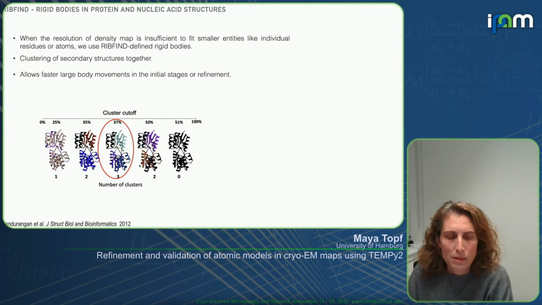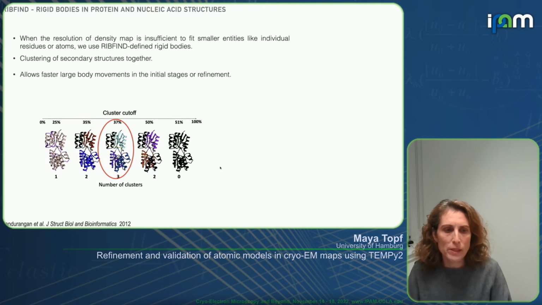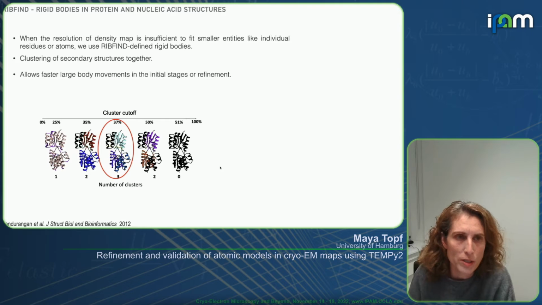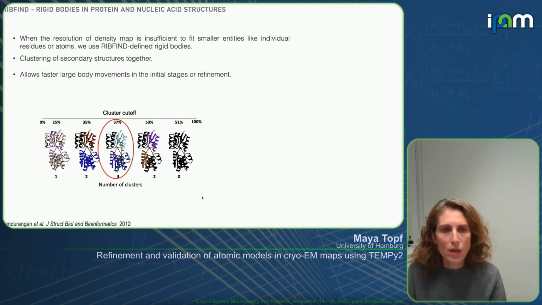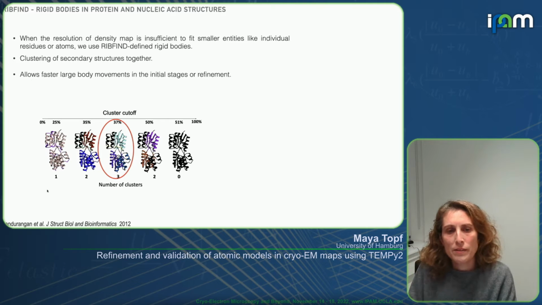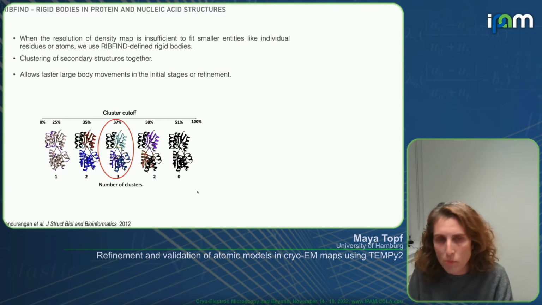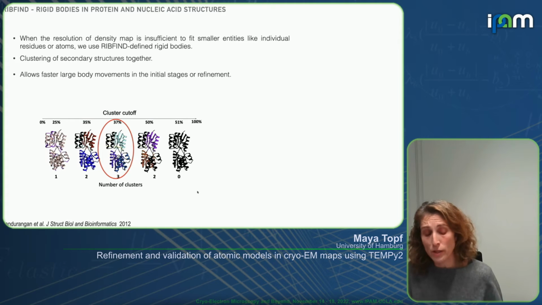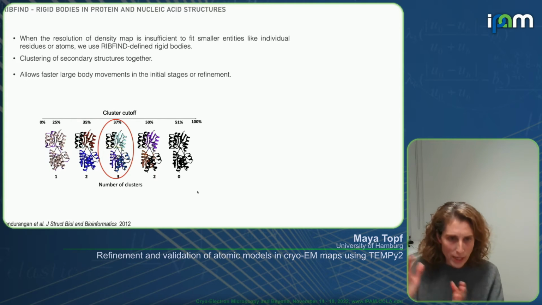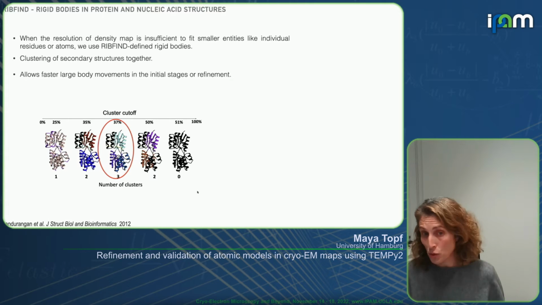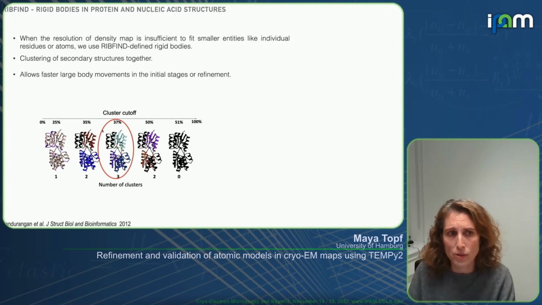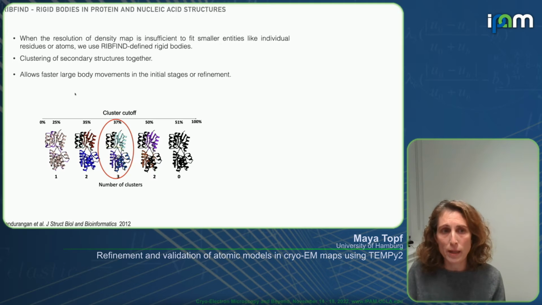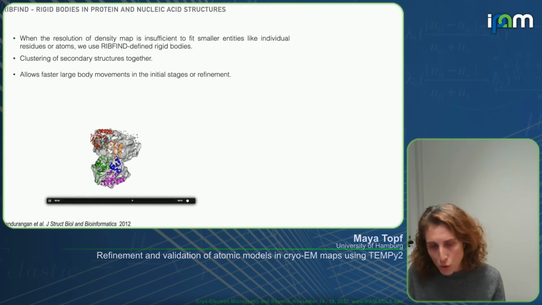Now, to understand how to define those rigid bodies, we developed an approach that is clustering of secondary structure elements with a number of parameters. That really helps us to define those rigid bodies more automatically rather than doing it individually. Of course, when you use this concept of FlexEM, you can define your rigid bodies as you wish, but if you want to do it automatically and have some sense in terms of the way the structure looks, you could use this Refinement rigid body, which is essentially structure clustering of secondary structure elements.